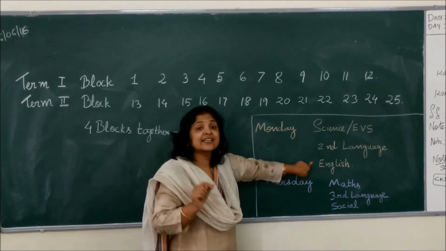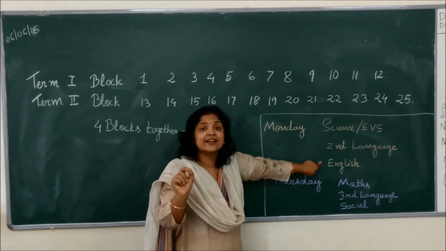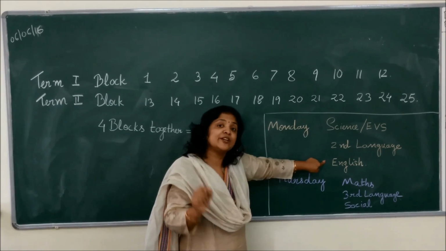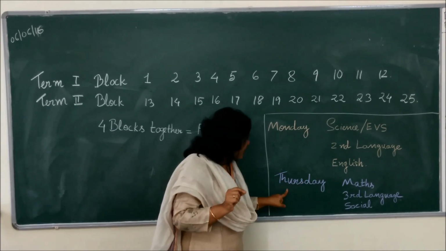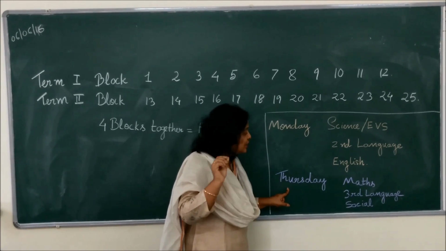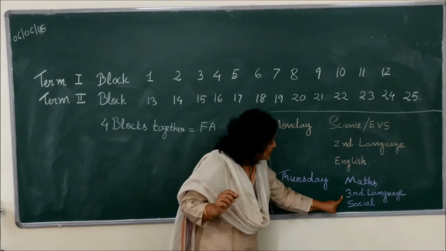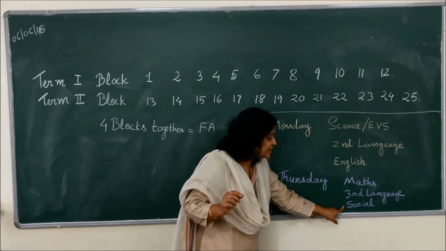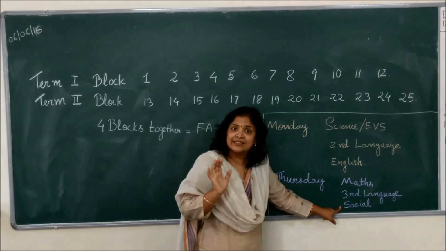These 3 subjects, for children of first, second and third standard, will have block assessment every Monday. Every Thursday, children of first, second and third standard will have math, third language and social. This social is only for third standard.